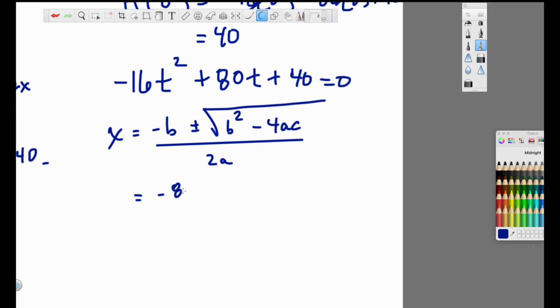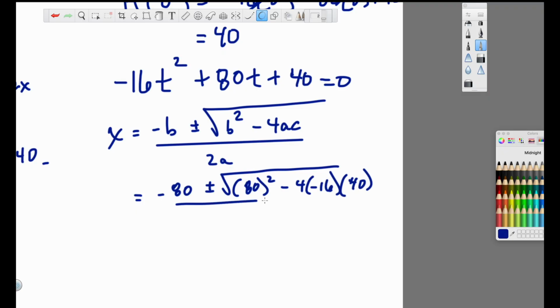Negative 80 plus or minus the square root of 80 squared minus 4 times negative 16 times 40, all over 2 times negative 16.